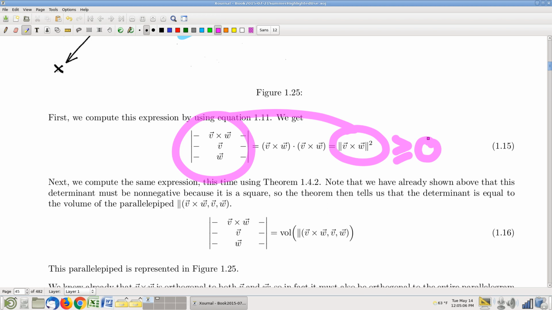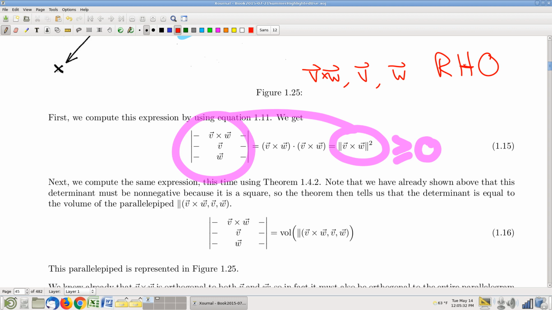Which way does V cross W point? It points in the direction that makes V, W, V cross W a right-hand order.